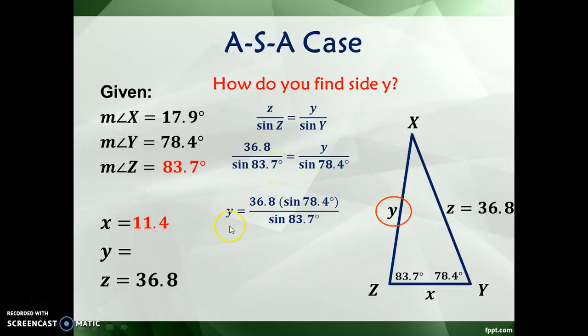If you calculate that using your calculators, we get y equals 36.3. So therefore, y here measures 36.3.